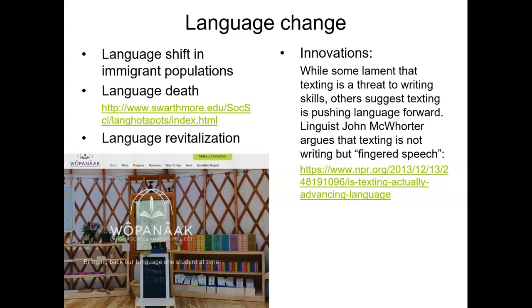One of the things that your reading mentioned was the phenomenon, which is certainly a common part of life in the United States, where in immigrant communities, there may be different kinds of language skills and language use across generations, right?